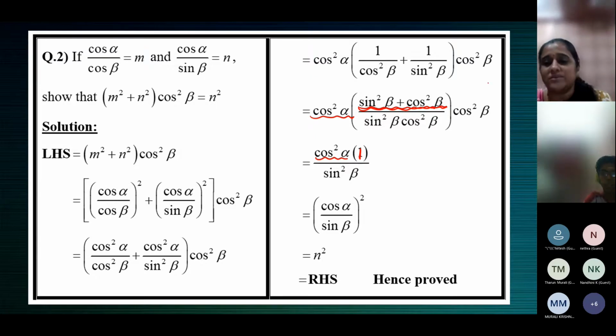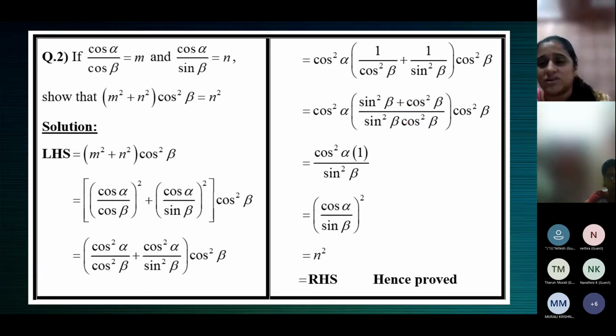Then what else happens in this step? Cos square beta in the numerator and denominator gets cancelled. So we have to write cos square alpha into 1 by sin square beta. That's what happens in this step.